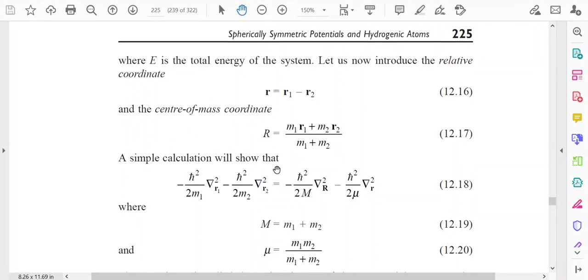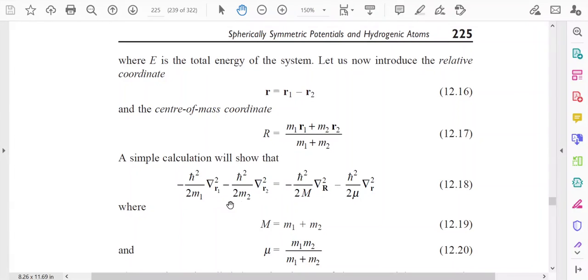Now what we will do is proceed in a very simple method, and after some algebraic calculation we can show you. See very carefully the left hand side. The left hand side is minus h-bar squared by 2 m1 del r1 squared minus h-bar squared by 2 m2 del r2 squared.